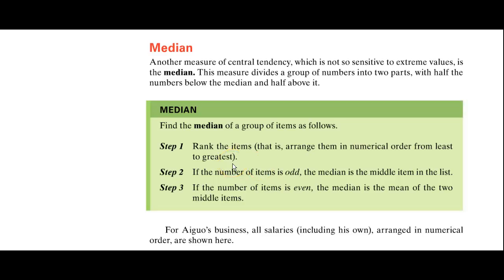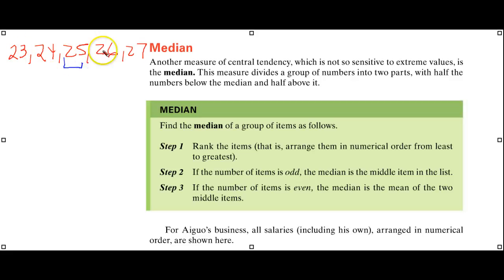And again, as a teacher, I've done this over the years many times. Now, if the number of items is odd, let's say you have 5 items, or let's say 23 items, then the median is the middle item of the list. If there were 5, then it would be the middle item.